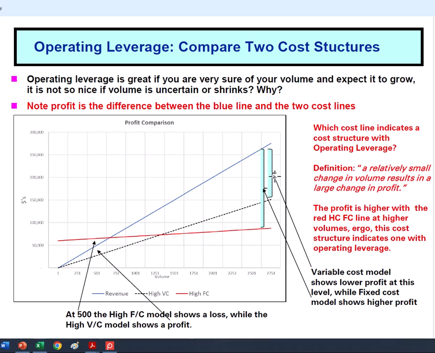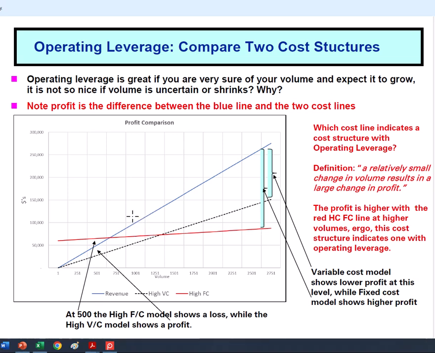So you're making less profit at high volume under a high variable cost, low operating leverage model than under a high fixed cost, high operating leverage model. But why might you say that's fine? I still don't want high fixed costs.